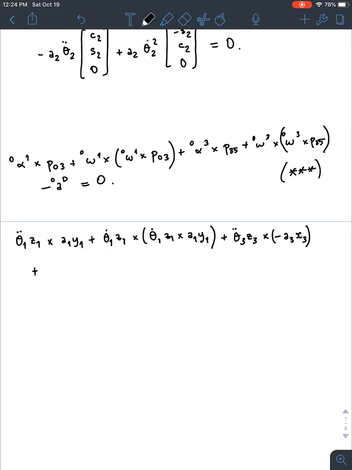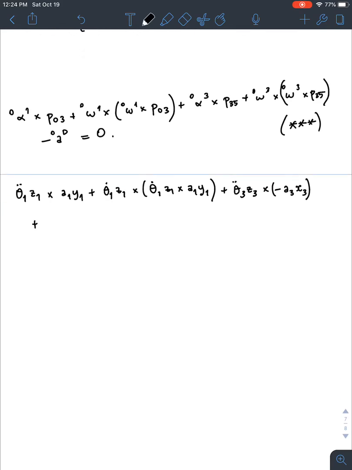Okay, back to our simplification of the second acceleration level equation. Angular velocity of 3 in 0 is theta 3 dot in the z3 direction, cross theta 3 dot in the z3 direction, cross P35 again over here, so that's going to be negative a3 x3, minus acceleration of d in 0.